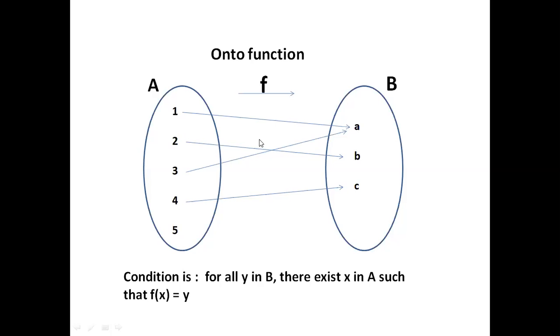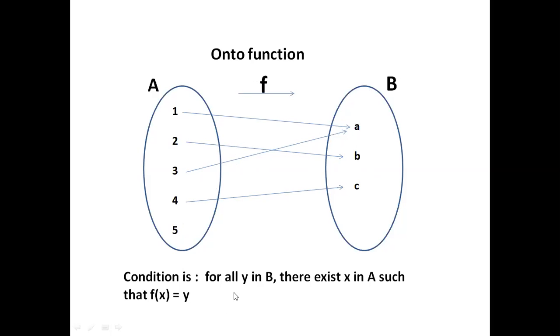Here A has two pre-images, 1 and 3, B has a pre-image 2, C has a pre-image 4. So every element in B has a pre-image. But this function is not 1-1, as 3 is also mapped to A, and 1 is also mapped to A. And even 5 is not mapped to any element. So f is not a 1-1 function, it is only an onto function.